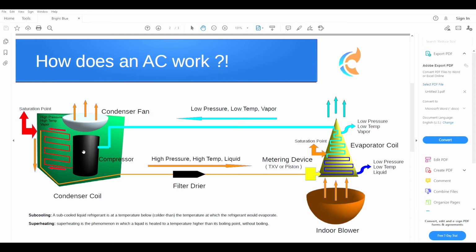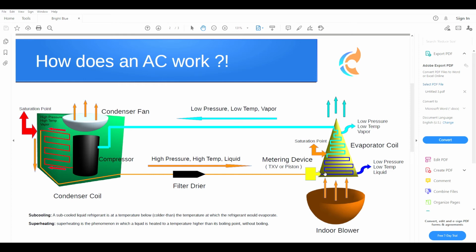That will be the total superheat. And subcooling, the same: the temperature difference between the liquid refrigerant that is leaving the condenser coil and the saturation point in the condenser coil. This saturation temperature is again the one you read on your gauge, the red gauge or the high side, and this is the one that you have to measure with the thermometer.